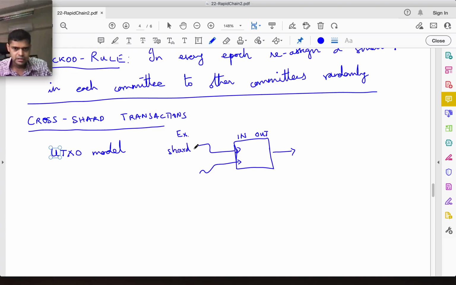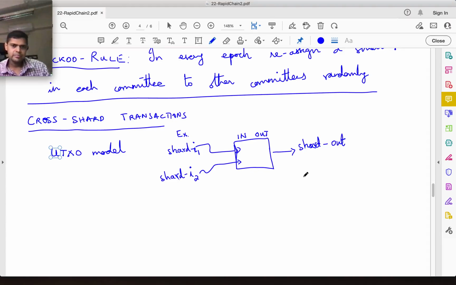So this is, let's say, in shard I1, and this is in shard I2, and let's say this is in shard O, O for output. Let's just call it shard out. Okay. So now this is an issue.